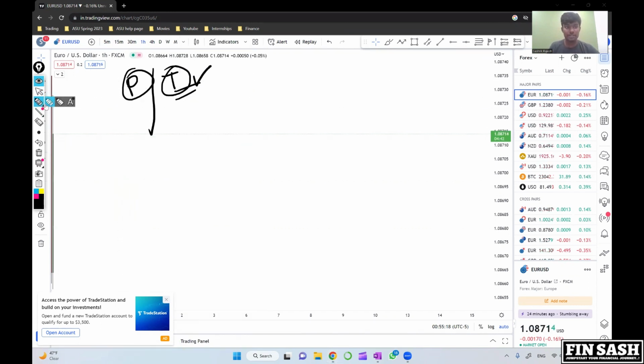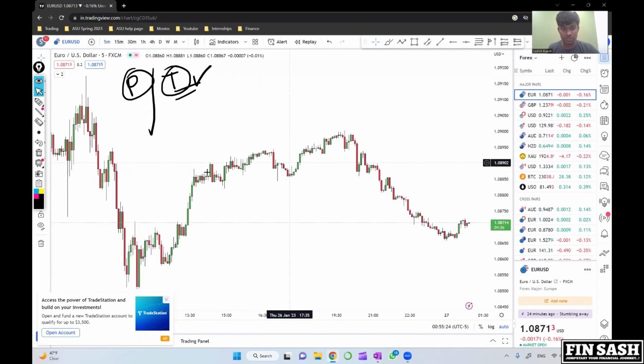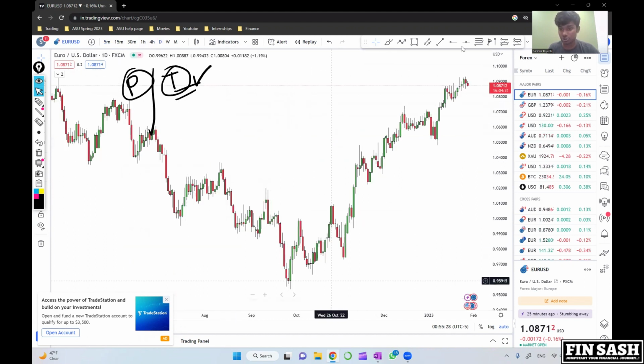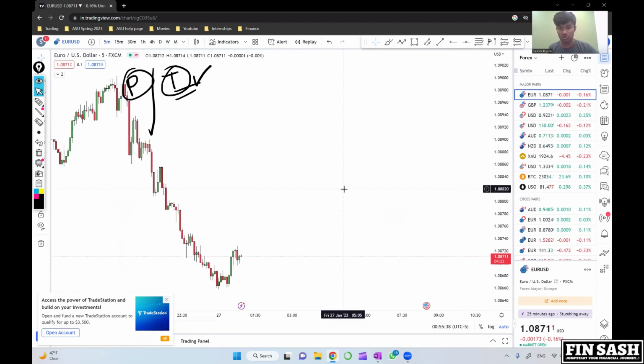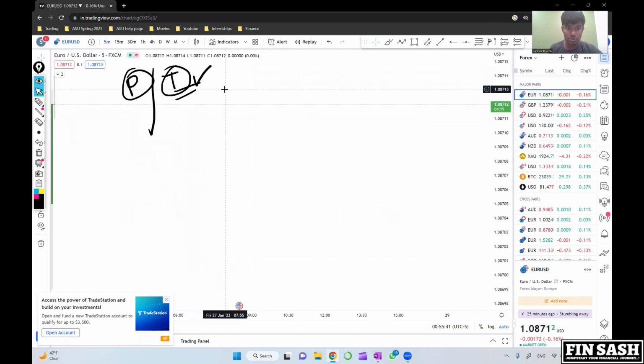If I open the 5 minutes, it shows me this. If I open a daily chart, it shows me this. So the candlestick pattern keeps changing. What does this show? As I said, the price movement for a particular period of time.